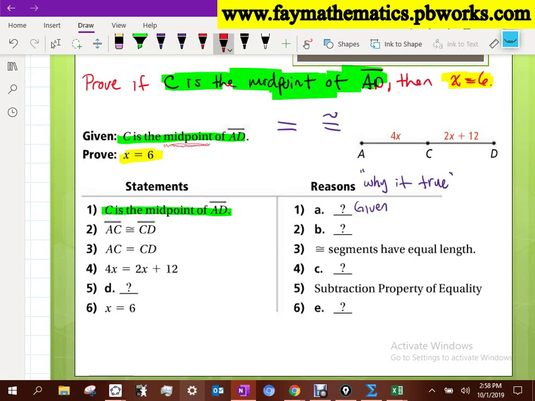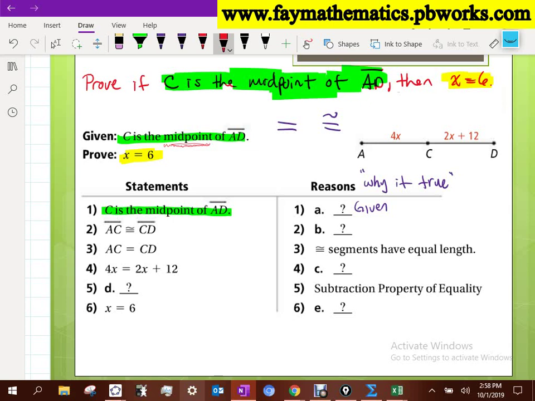So if midpoint's the vocabulary word, I've got to think, well, what does a midpoint do? A midpoint takes an overall segment like segment AD, and it cuts it into 2 smaller congruent segments, doesn't it? So for our specific case, for our segment AD and our point C, we want to develop a relationship that is determined by that vocabulary word.